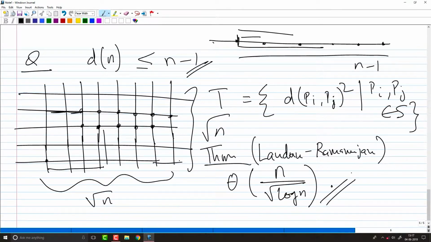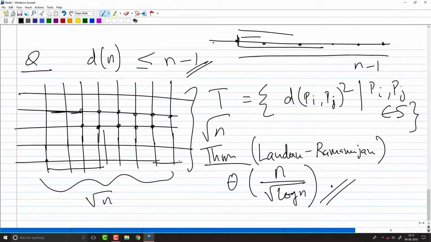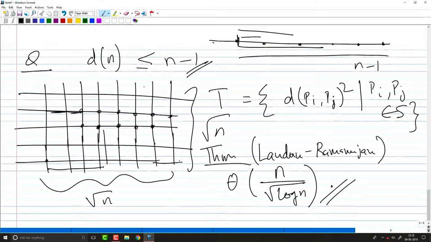This estimate tells you there are at most these many numbers from 1 to n that you can represent as a sum of two squares. Either I can estimate the number of distinct distances or of distinct square distances, same thing.